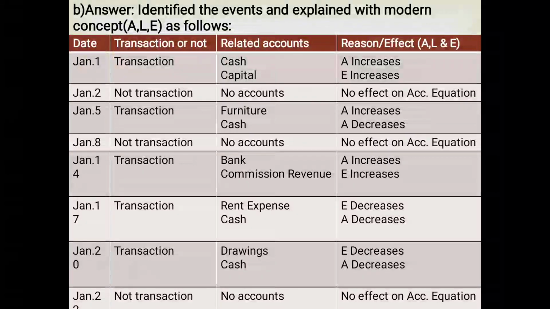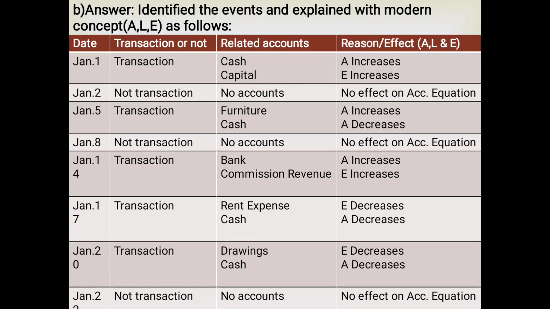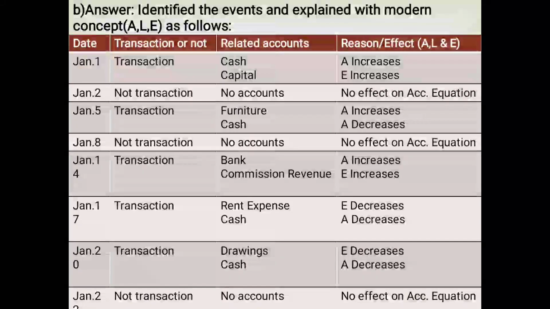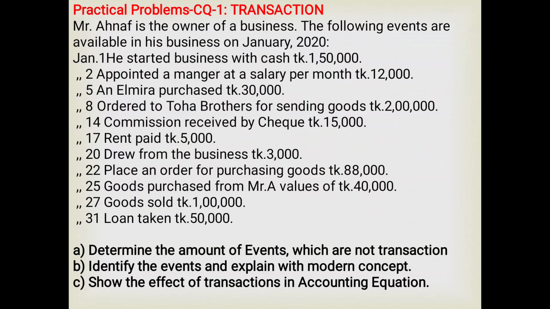Cash is one kind of asset, and cash decreased, that is asset decreases from the business. January 22, this event is not a transaction. In this event, no accounts are involved. For this event, no effect on accounting equation.